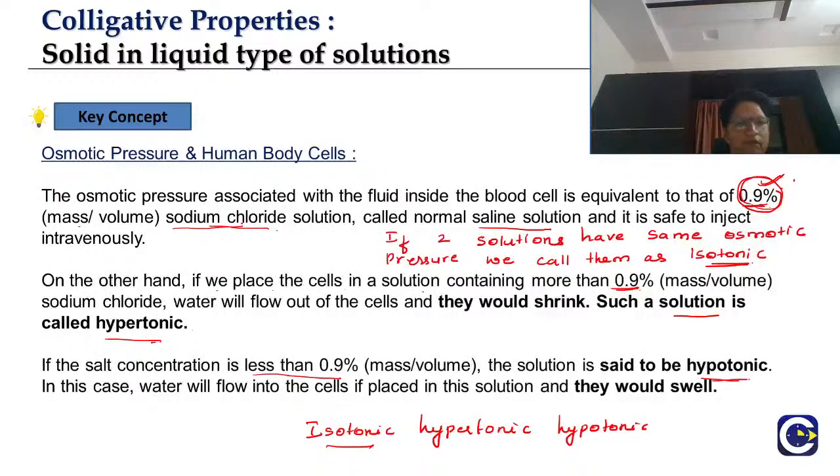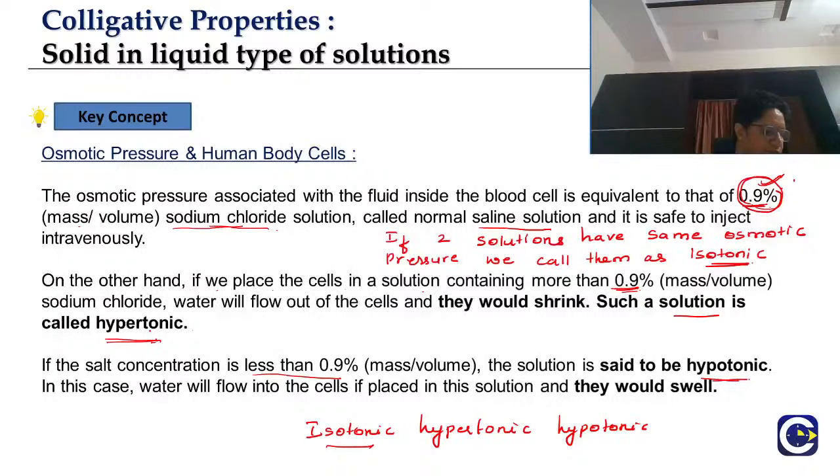We call such a solution an isotonic solution. Instead, if we take a higher concentrated solution, what will happen? The liquid in our blood goes into the saline water, and the cell will start shrinking. Such a solution we call hypertonic.